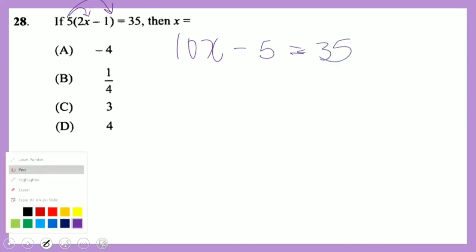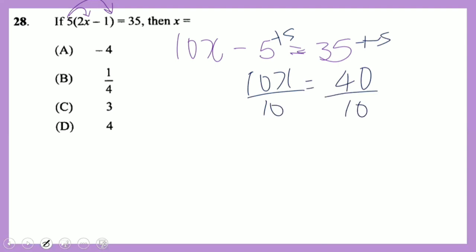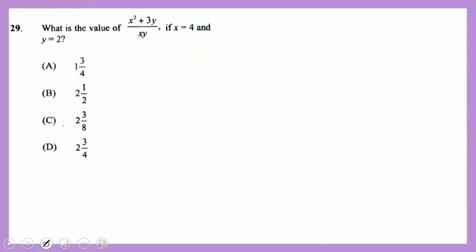We want x, we're going to add 5 to both sides. 10x equals 40. Divide both sides by 10. Our answer is going to be x equals 4. And I've also shared an alternative solution to this same question in one of our previous videos.